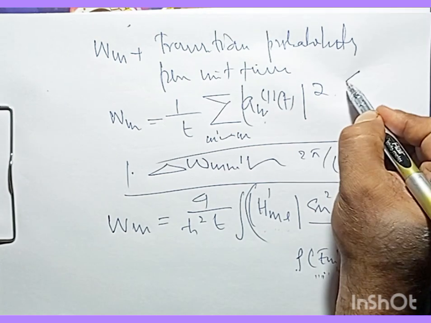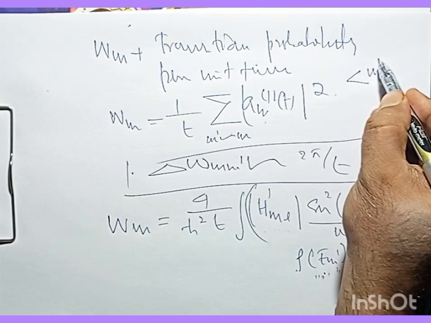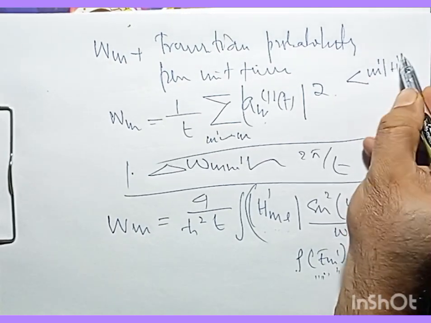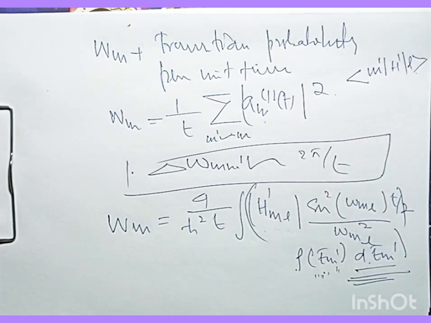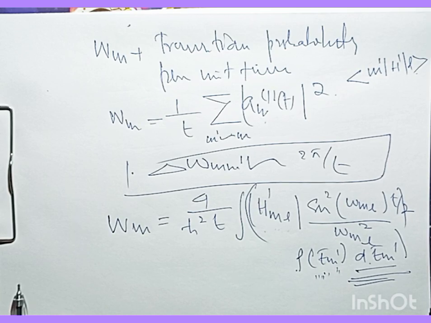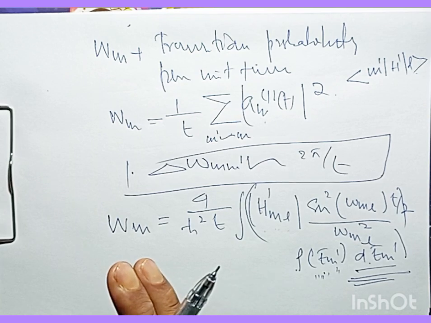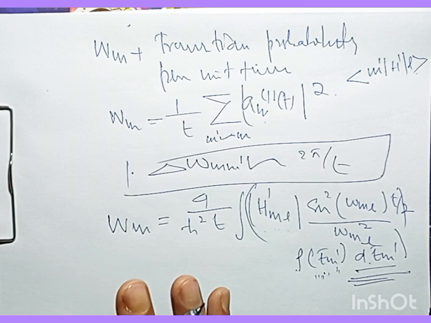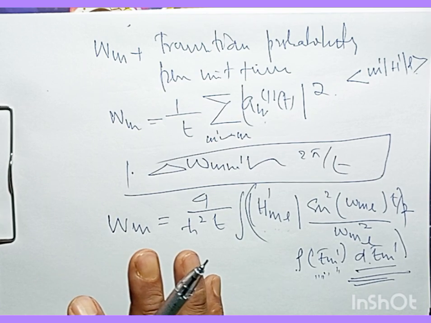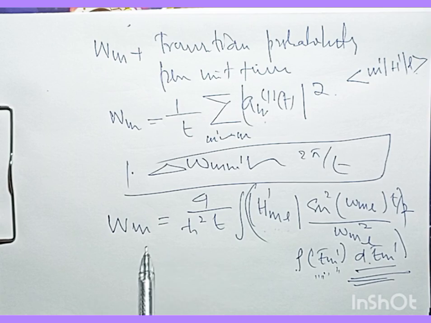And what was that matrix element? If I take it as m dash, H dash, and l. At the same time, if we think in terms of hypothesizing our problem, we are only considering energies within a small energy range.